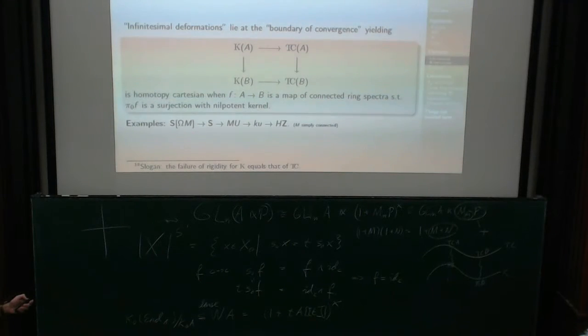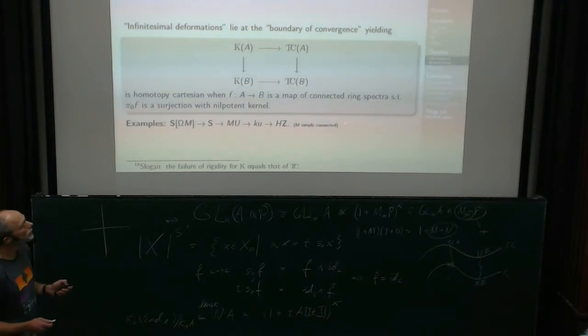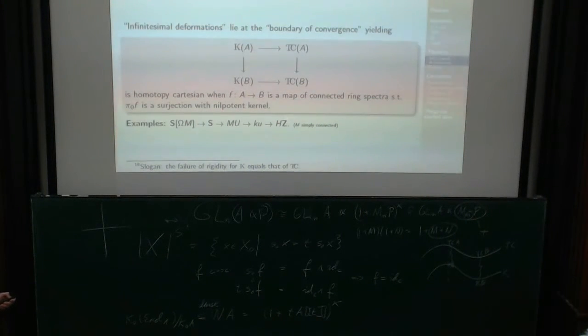So examples where this has been important: you can go between, say, the integers. What do all of these rings have in common? They have in common that pi naught is the integers. So you take the sphere spectrum, the loops of a simply connected manifold, MU, KU, complex bordism or K-theory, and they all have pi naught HZ.